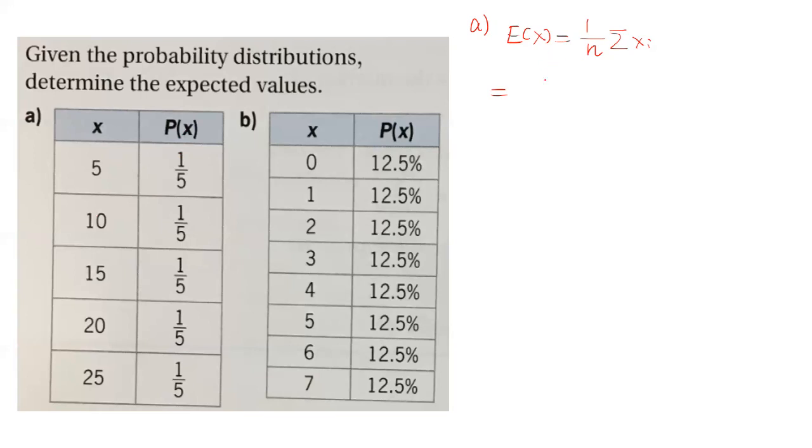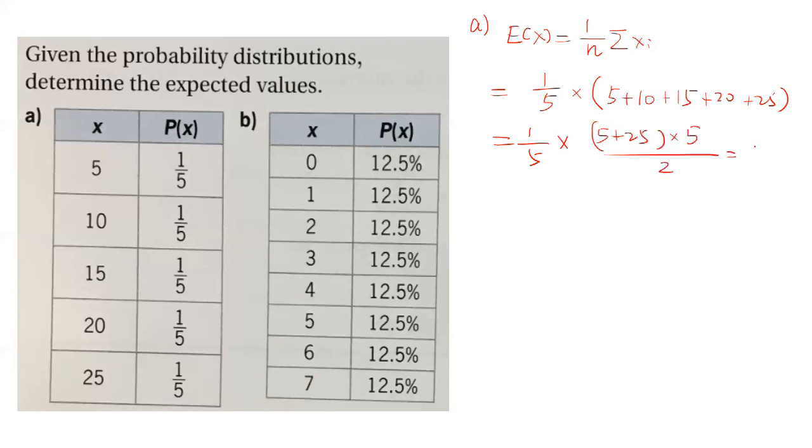So 1, 2, 3, 4, 5, we have 5 values. Okay, this is 1 over 5 multiplied by the sum, which is 15, right?